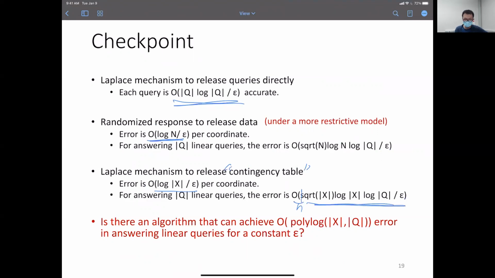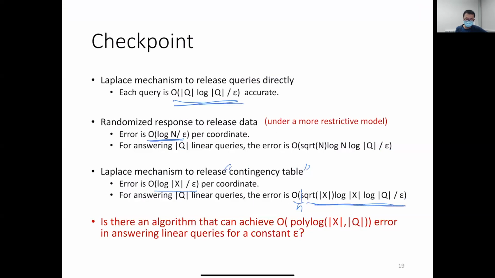That leaves us with an open question. In some cases we have a log of the total number of queries, and in some cases we have a logarithmic dependence on the cardinality, the size of the data space.